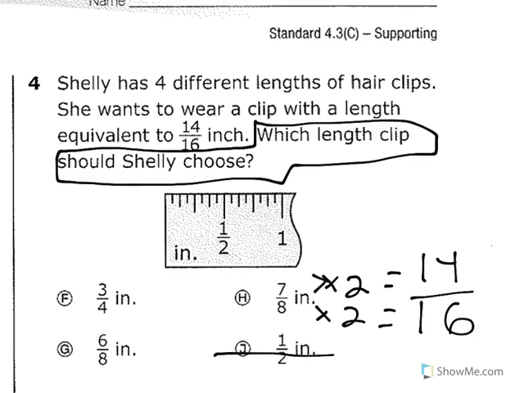So I can see that 7/8 is equivalent to 14/16. So if she wants to wear one that's equal to 14/16, she would pick answer choice H. Also, if we wanted to double check, it might be a good idea to cross multiply these two fractions, but I'm pretty sure answer choice H is going to be the correct answer for us. Let's go into the next problem.